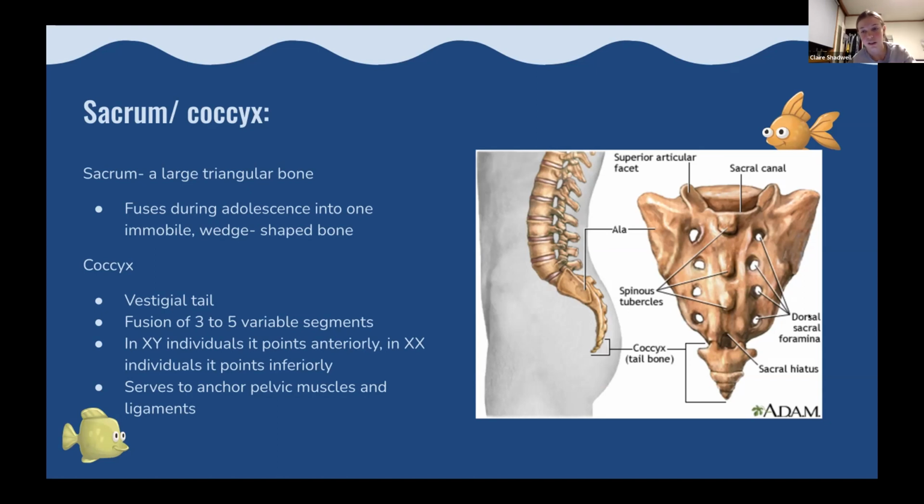While the coccyx is this tiny little bit on the bottom, and it is the fusion of 3 to 5 variable segments. This is pretty low yield, just a little fun fact, but in males it points anteriorly, while in females it points inferiorly, and that's based on giving birth and the location of the hips.